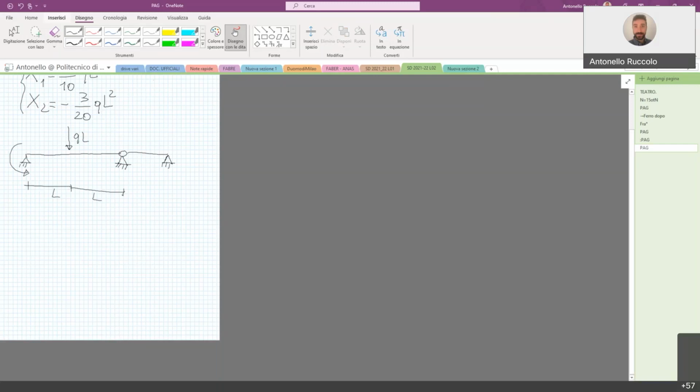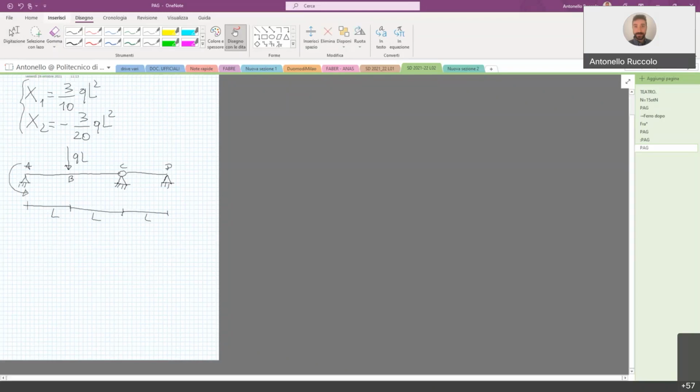This is L, and this is L over 2. And this is x1, which was equal to 3 over 10 QL to the power of 2.